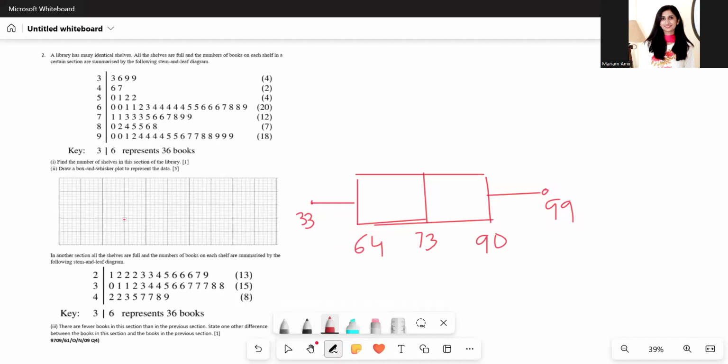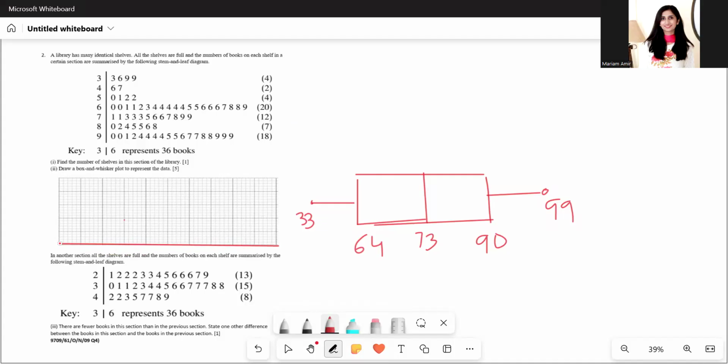Now we're going to take an appropriate scale here. On the x-axis, we need to go from 33 to 99. So maybe we could start from 30. So 30, 40, 50, 60, 70.